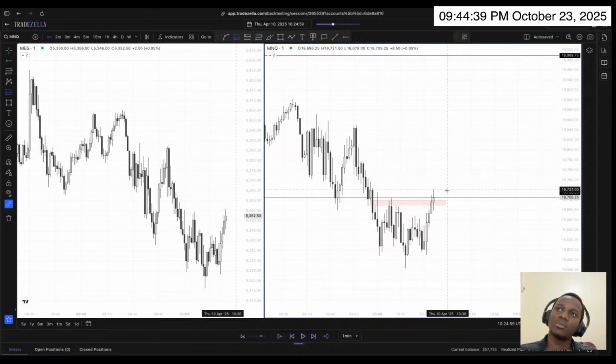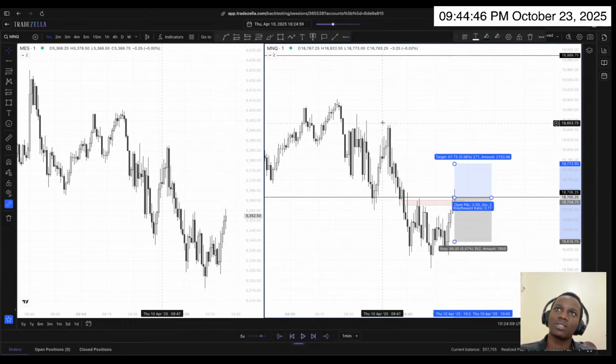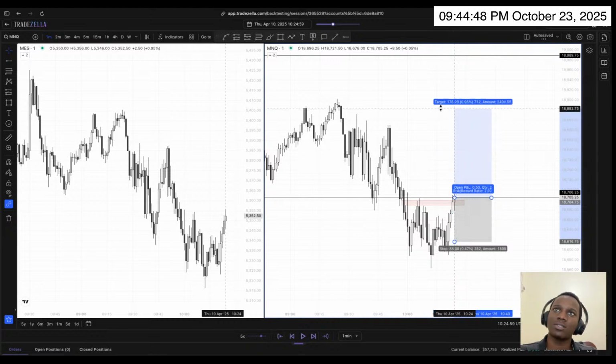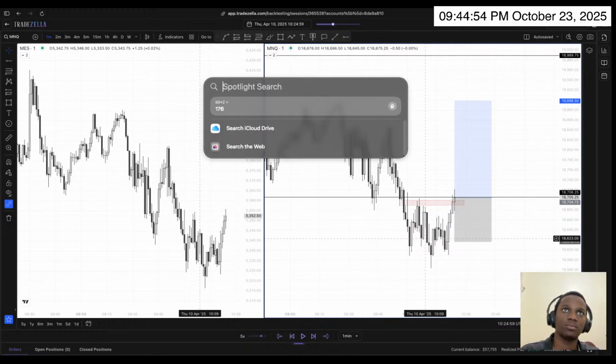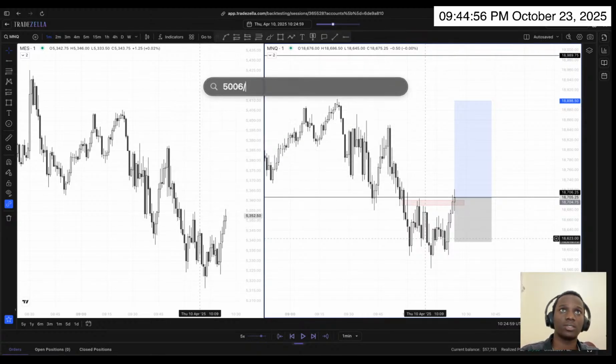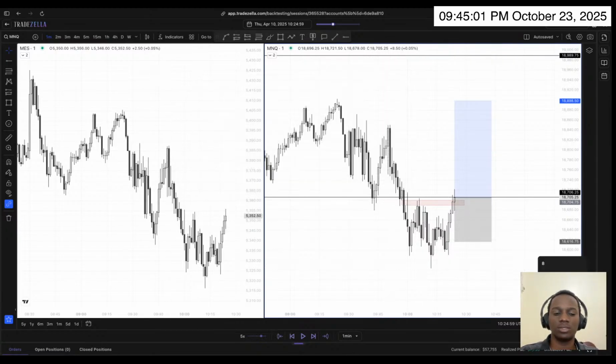Well, inversion first presented fair value gap, but probably for some longs. We may stop probably somewhere around here and target these highs here. So we'll get 88 times 2, 176. This is 2.8.